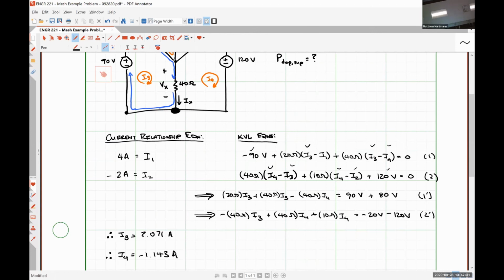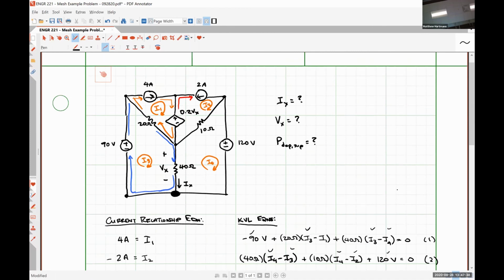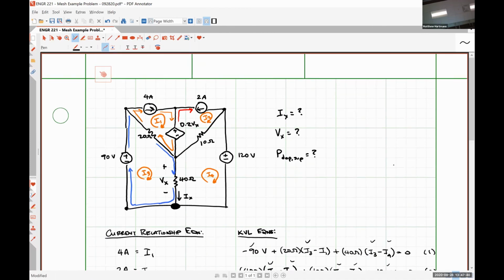Now that we know what all of the mesh currents are, let's circle back to the quantities that we are trying to solve for. What is the current Ix in this circuit going to be in terms of mesh currents? Current directed down through the 40 ohm resistor, right?